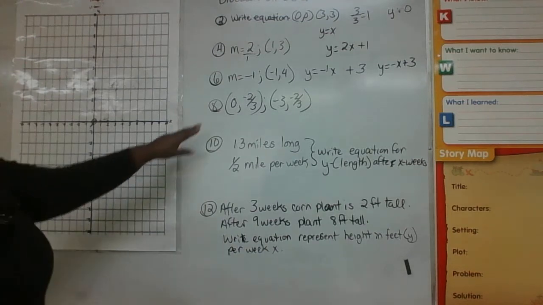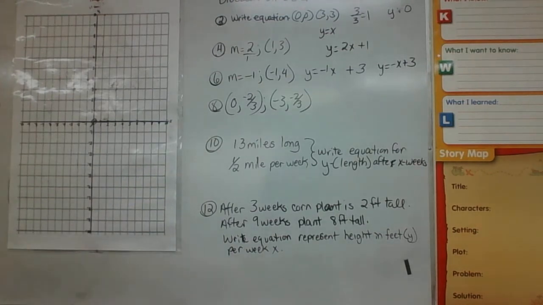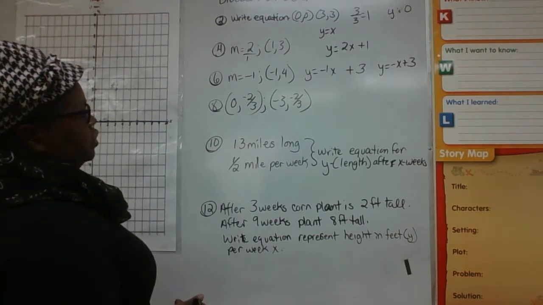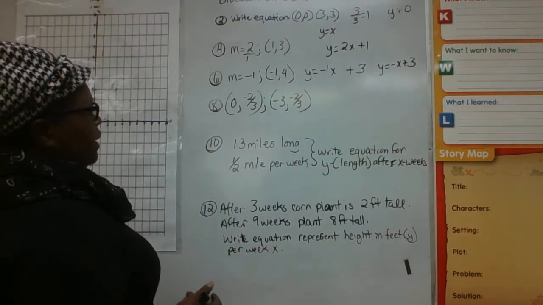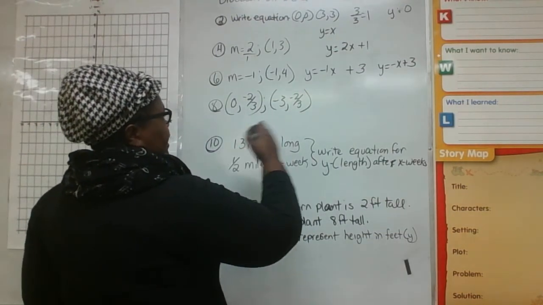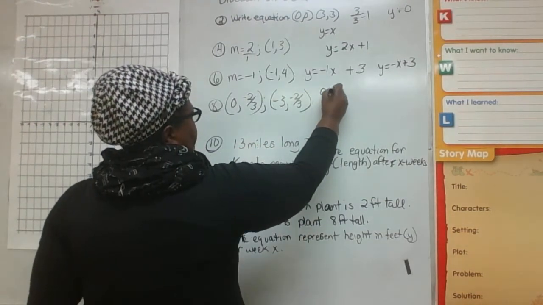On number 8, we have 2/3 here. Well, I don't particularly like to multiply using fractions. All right, so I can utilize a different method to determine the slope of the line. I can subtract. I can take my x's, okay, and I can say 0 minus 3.